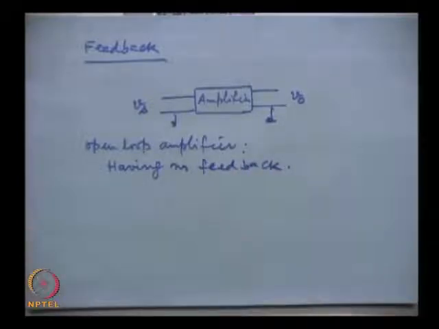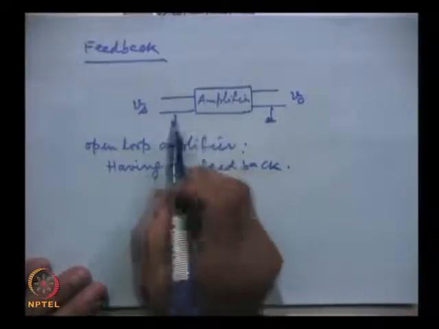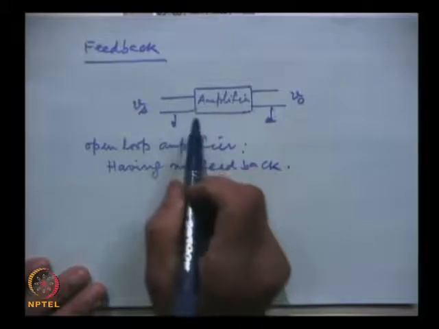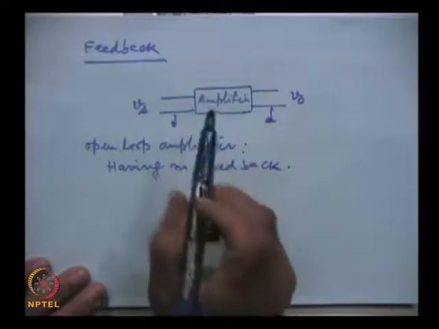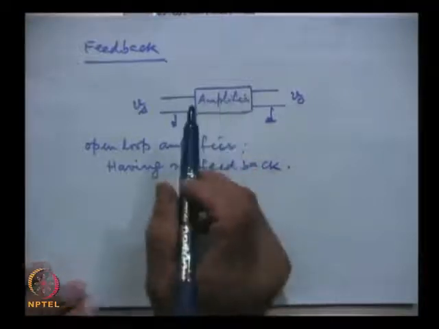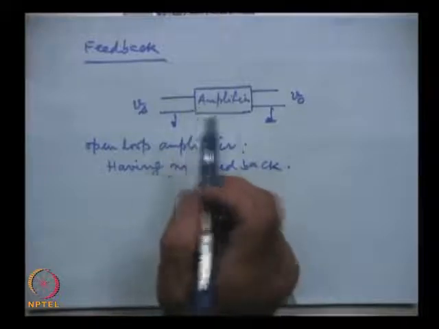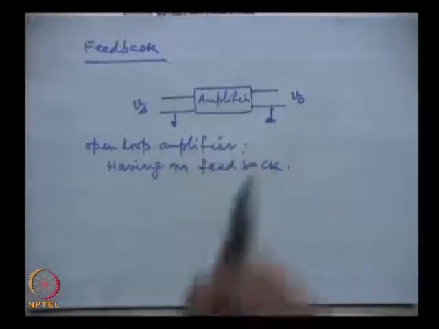Now let us see that this is not a good circuit, because here the performance will change as the situations which are bound to change will occur, for example temperature variation, etc.